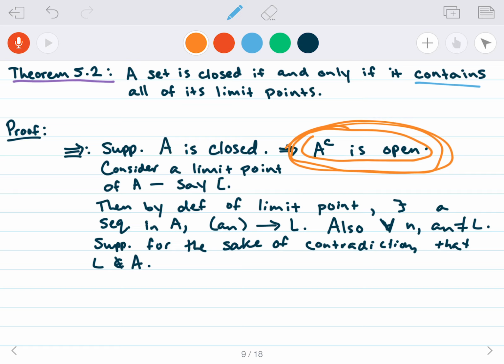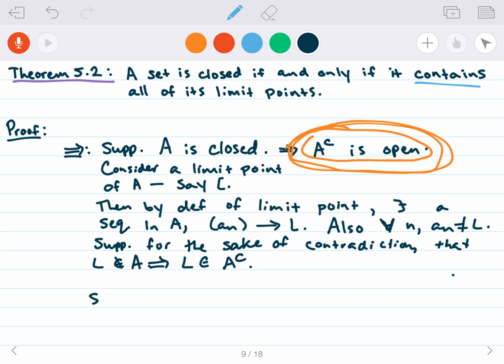To bring out a complement in the proof, I can say that L not being in A means that L is in the complement of A. It's the same thing. And now we're going to use the fact that the complement of A is open.